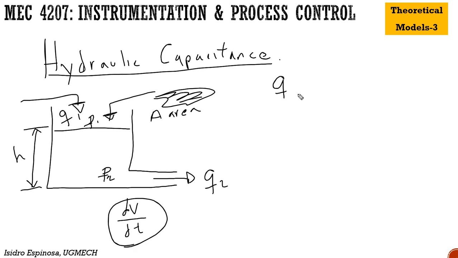So we have Q1 minus Q2 equal to the change in volume over time in the container. We know that the volume we can also identify as area multiplied by the height of the liquid.